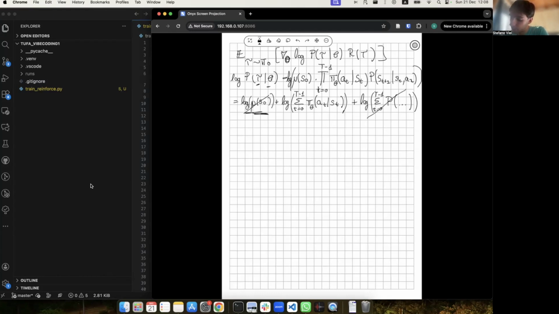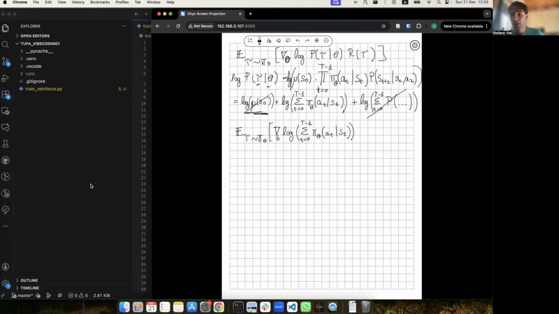And so we can rewrite our expectation over the trajectories sampled from our policy as the gradient of the logarithm of the sum from t equals 0 to T minus 1 of this thing here, which is very nice.